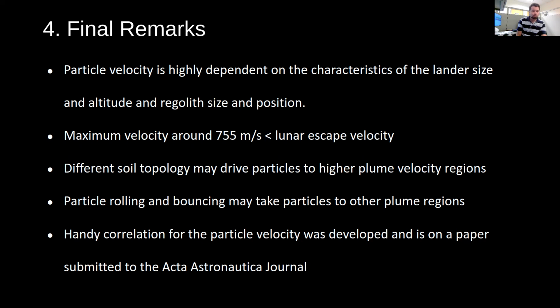Another effect could also take particles to those high velocity regions, such as particle rolling and bouncing with the ground surface. A handy correlation for the particle velocity was developed and is in a paper submitted to the Acta Astronautica Journal.